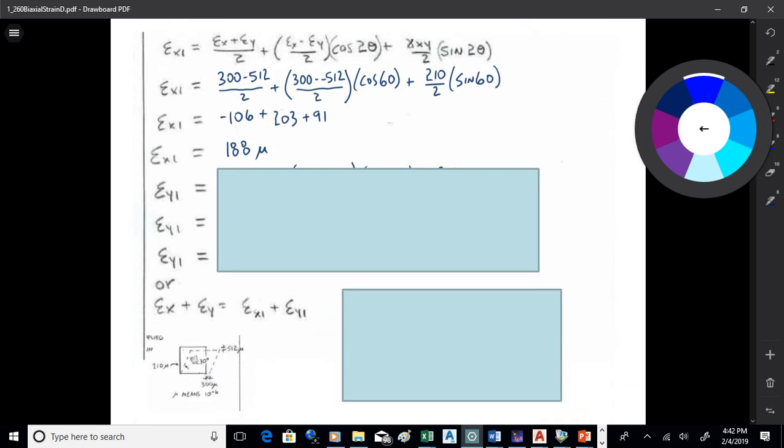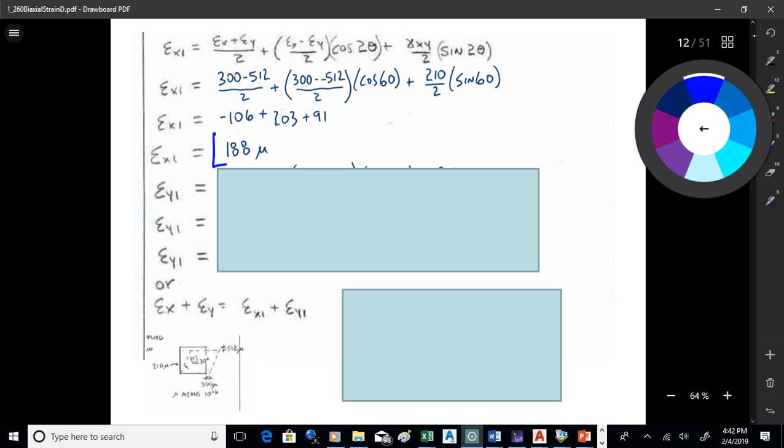So epsilon x is 300, epsilon y is negative 512. So epsilon x plus epsilon y over 2 is 300 minus 512 over 2, plus epsilon x minus epsilon y over 2, so that's 300 minus a negative 512 over 2, times cosine of 2 theta, which is cosine 60, plus gamma xy over 2, 210 over 2, times sine of 60.